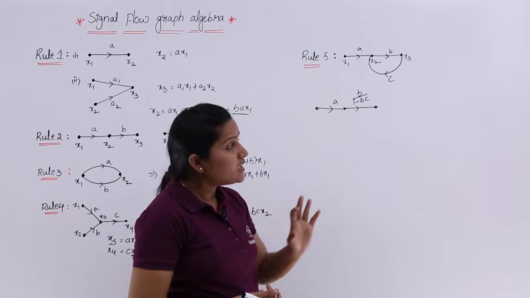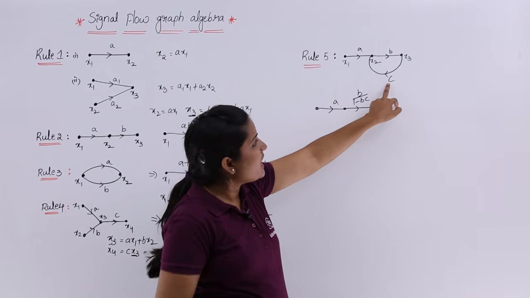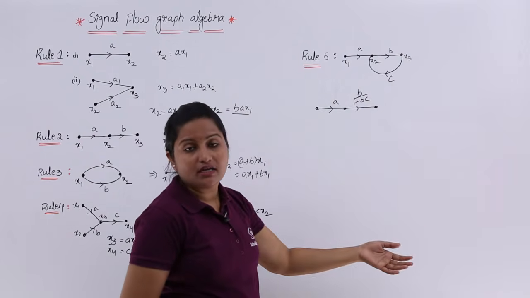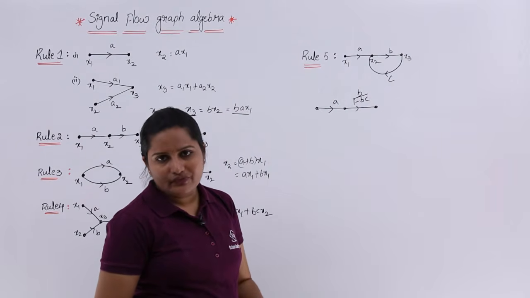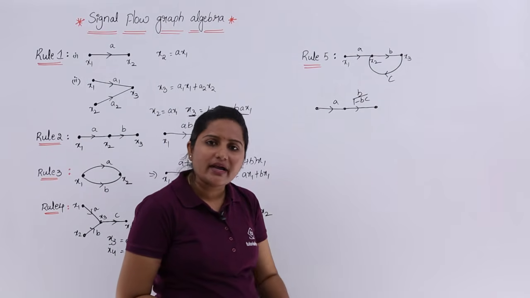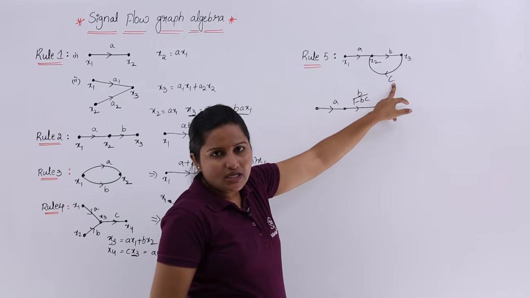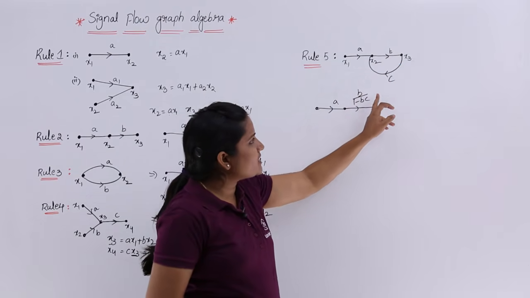Here you can see this is a positive feedback, because for C I am not having any negative sign. For positive feedback, the gain formula is G by 1 minus GH. Here G value is B, H value is C. That is why I wrote B by 1 minus BC.